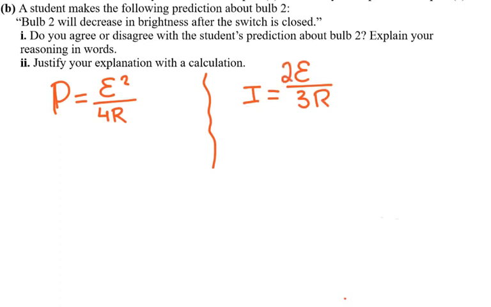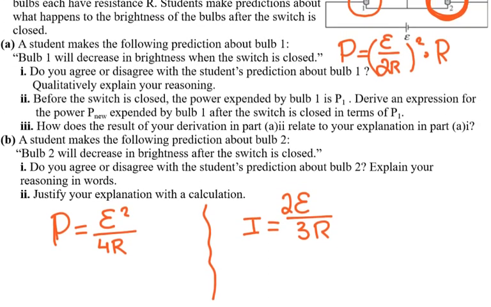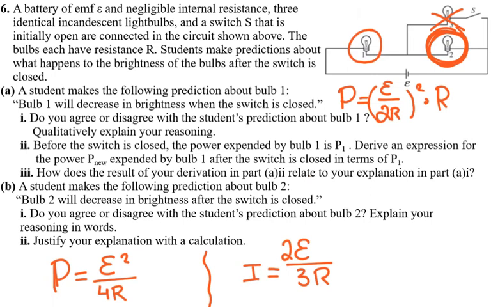So that was the current, and when it reaches the split, it's going to split evenly because both resistors are the same.